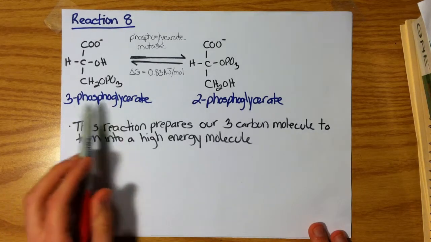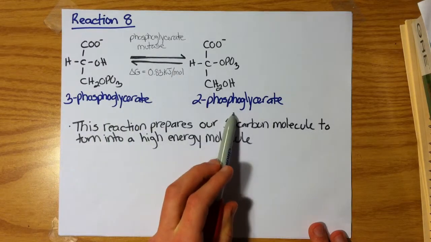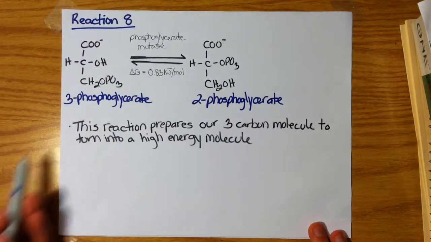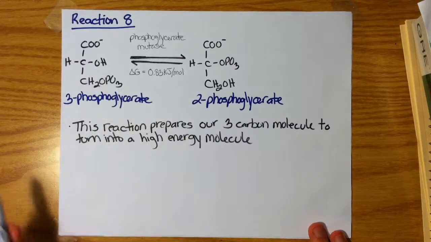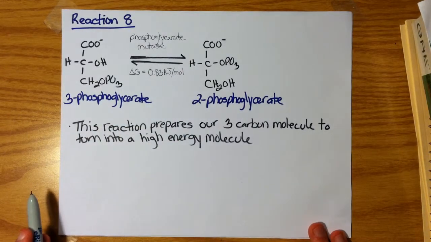So 3-phosphoglycerate is converted into 2-phosphoglycerate by phosphoglycerate mutase. Again, delta G is close to 0. The reaction can flow in either direction fairly easily, depending upon our concentrations of substrate and product.